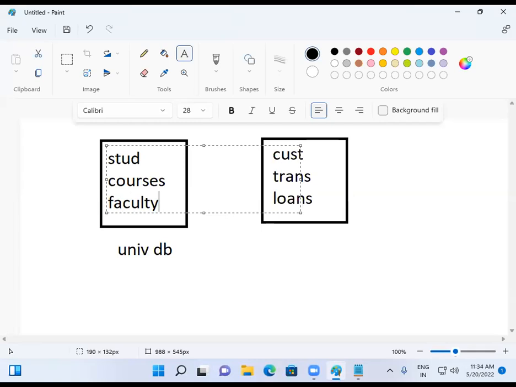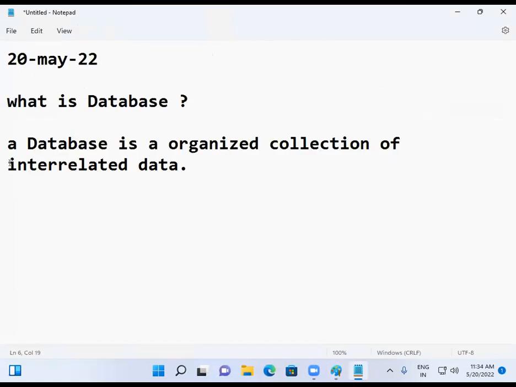So a database stores interrelated data, but a bank database doesn't store data related to university students, and a university database doesn't store data related to bank customers. Understood? So a database stores interrelated data.